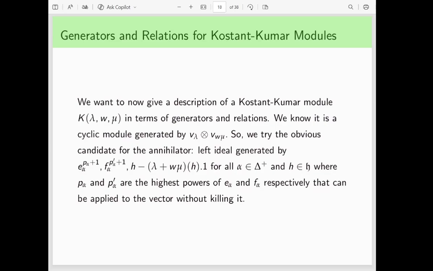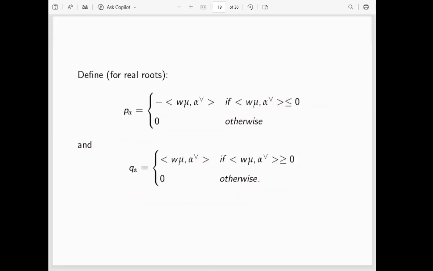So this guess comes from looking at the annihilator of the entire tensor product, which was known, which is generated by V lambda tensor V W naught mu, from looking at the annihilator of V lambda, or any vector V lambda inside capital V lambda, and the de Maizière relations. If you look at all of these relations, they never have any mixed terms in them.